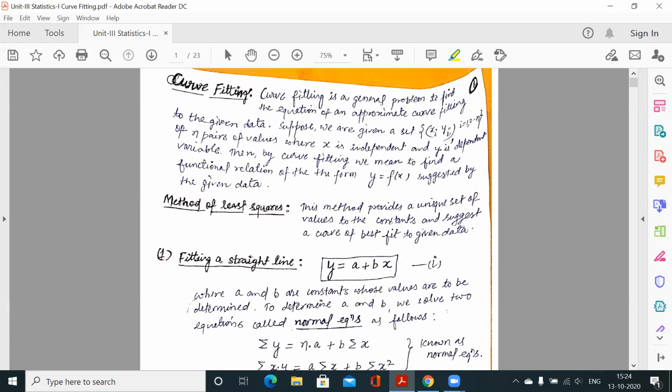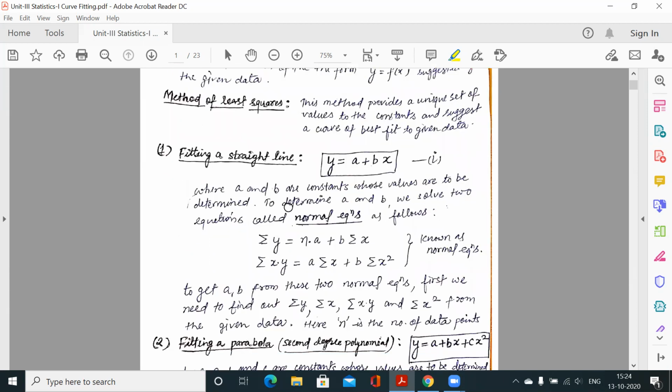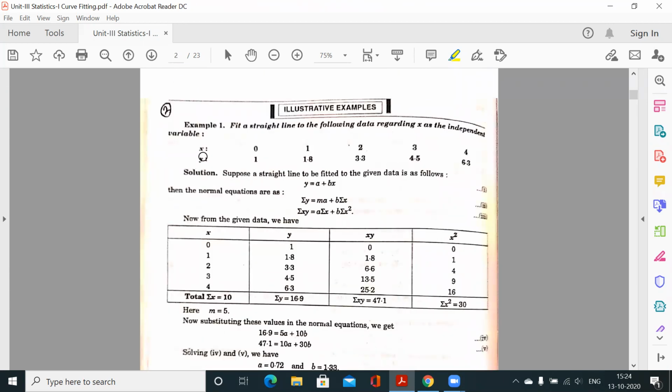I am going to start with curve fitting, the first topic of unit 3. So what is curve fitting? Curve fitting means suppose you are given a set of values of the independent variable and the dependent variable, like this. So y is the dependent variable, x is the independent variable.